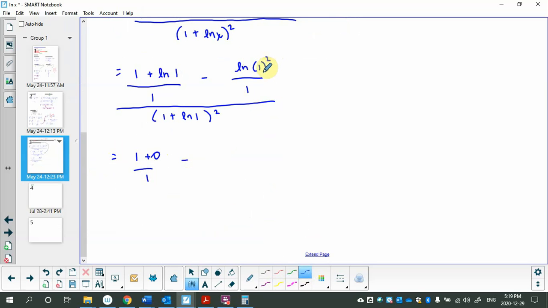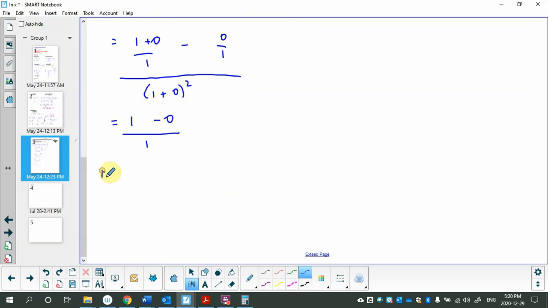That's 1 squared is 1, so that's 0 over 1. 1 plus 0 squared. So this is 1 over 1, which is 1, minus 0 over 1 squared. So we get the slope of the tangent is equal to 1, or 1 over 1.